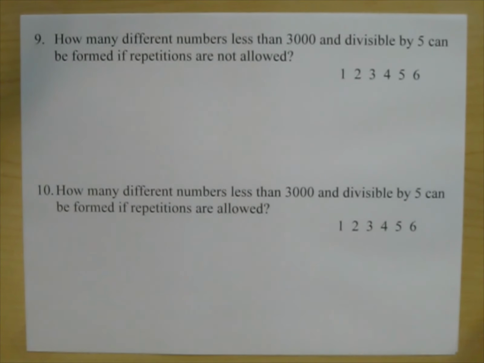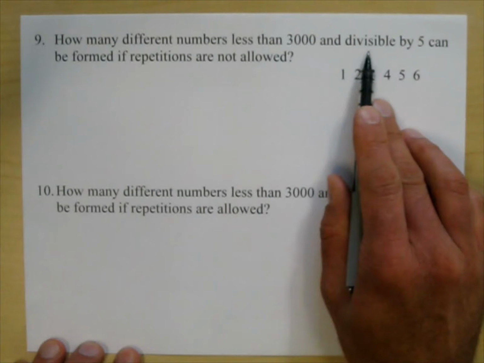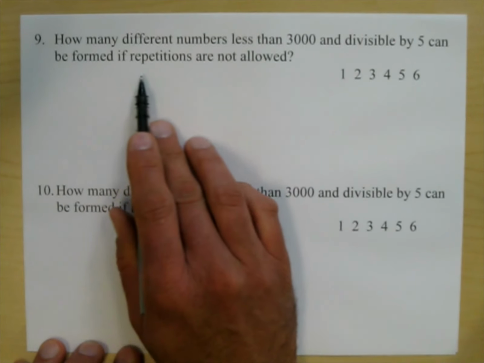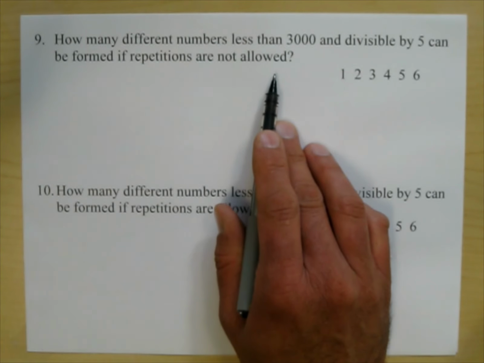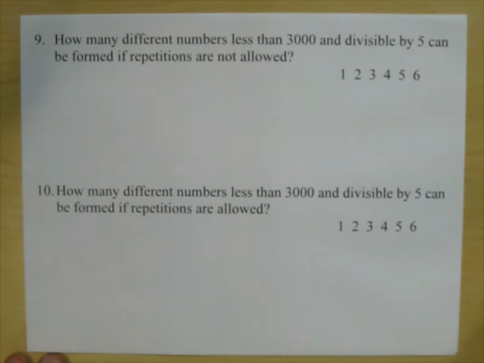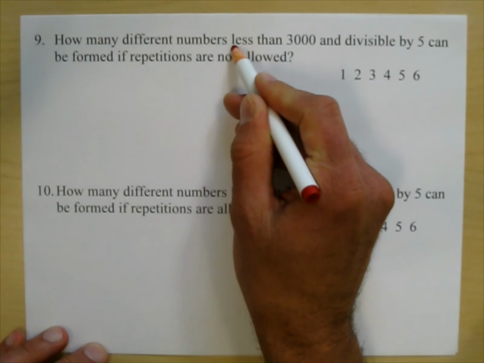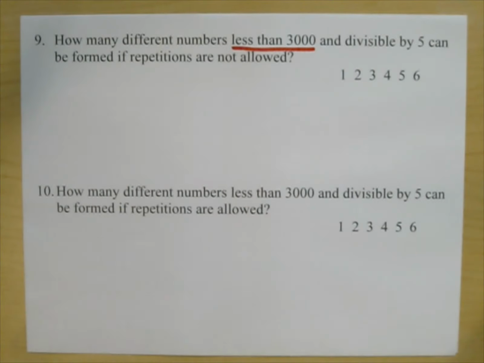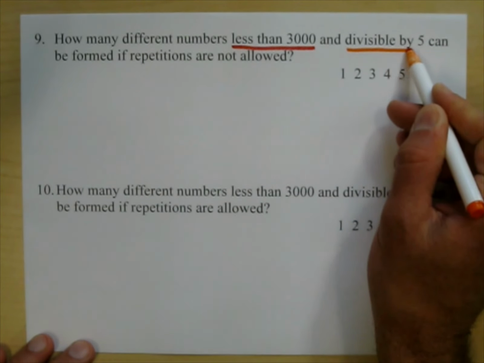How many different numbers less than 3,000 and divisible by 5 can be formed if repetitions are not allowed? Wow. Okay, so this is crazy. There's actually 2 restrictions: less than 3,000, and I'll use orange for the other restriction, divisible by 5.